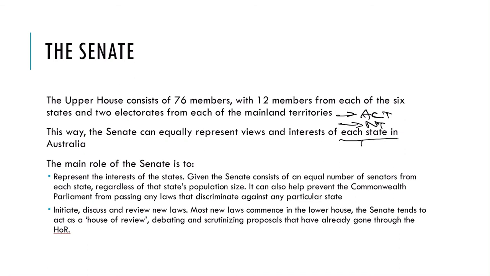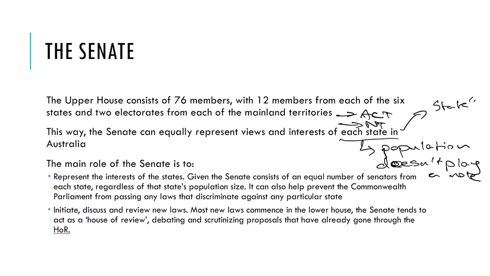So, regardless of population, each state is going to have equal representation in the Senate, so population size doesn't actually play a role. This is also why the Senate is sometimes known as the state's house.